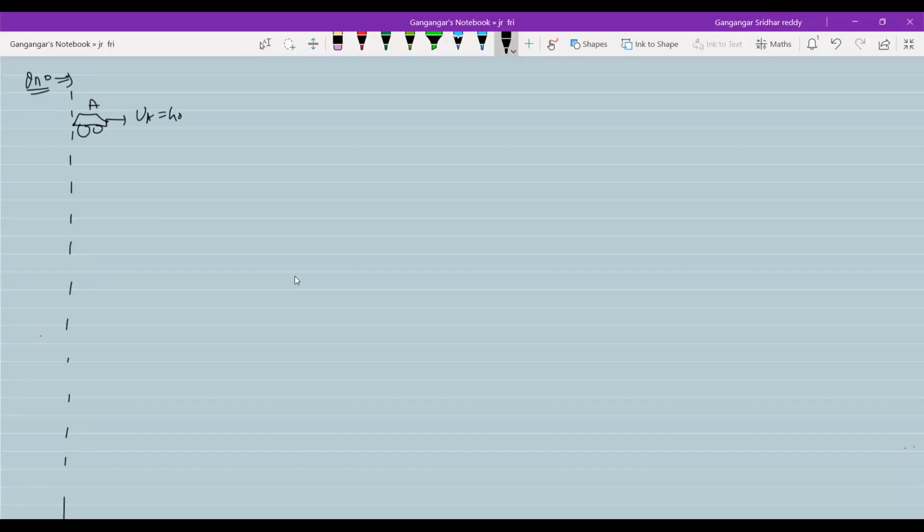Initial velocity of car A, 40 meters per second. 1 meter per second square. Car B, 2 meters per second. Acceleration of car B is 4 meters per second square.